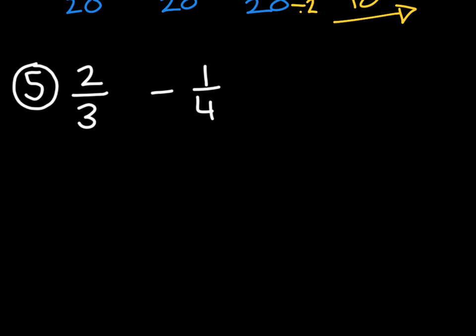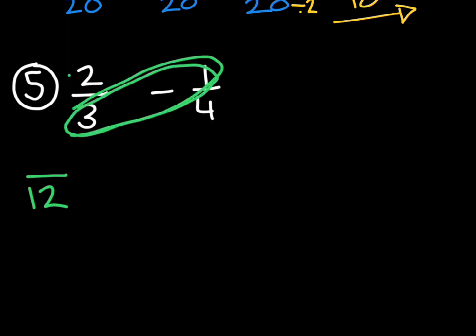Question 5 asks us to subtract 2 over 3 by 1 over 4. For this example, I'm going to use the second method of adding and subtracting that I mentioned at the beginning of the video. To do this, we first need to multiply 3 by 4, so that will be 12. Secondly, we need to look at the diagonals and multiply.